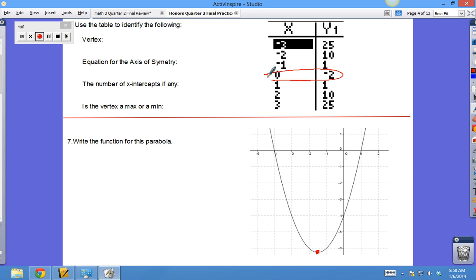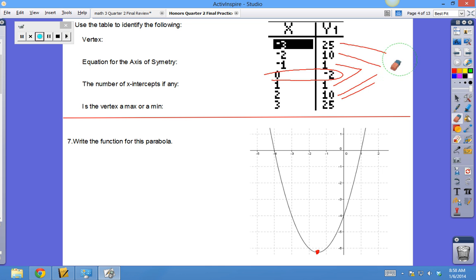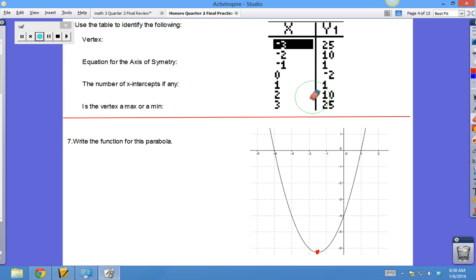Because look, everything above it and below it are reflected. So 1 above it, 1 below it. 10 is above it, 10 is below it. 2 times above it, 2 times below it. 25 is 3 times above it, 3 times below it. But if you can't see it, then just draw yourself a picture.